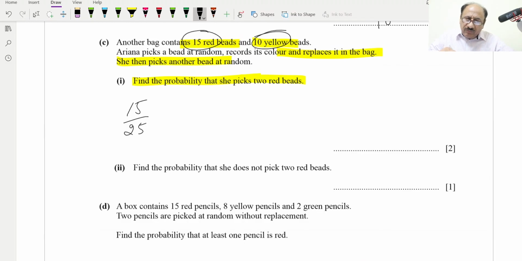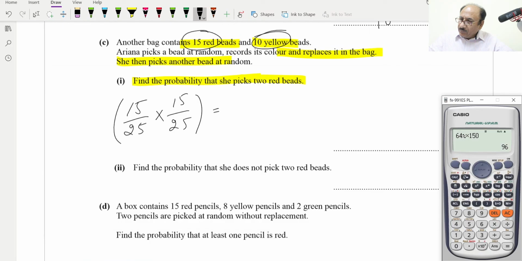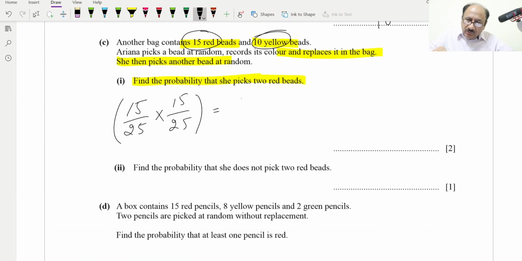This is the probability for the first red bead, and for the second it will remain the same because it is being replaced, so there will be no change in the numbers. This is 15 over 25 multiplied by 15 over 25, which is equal to 9 over 25. This will be our answer, 9 over 25.